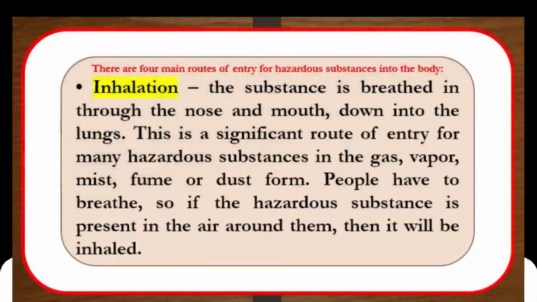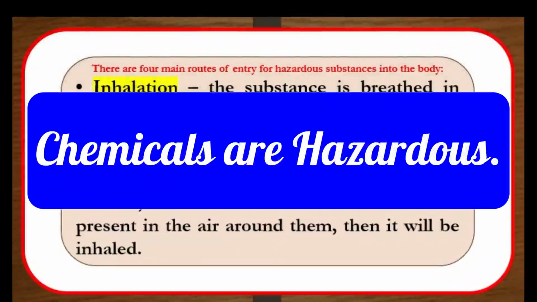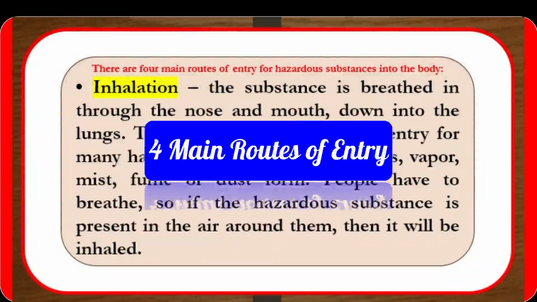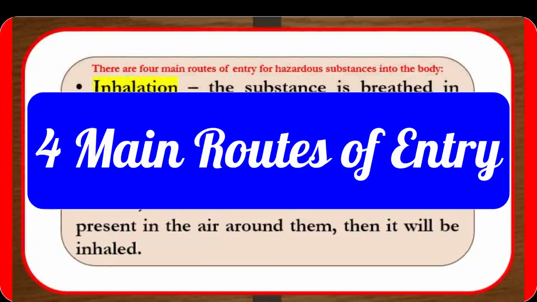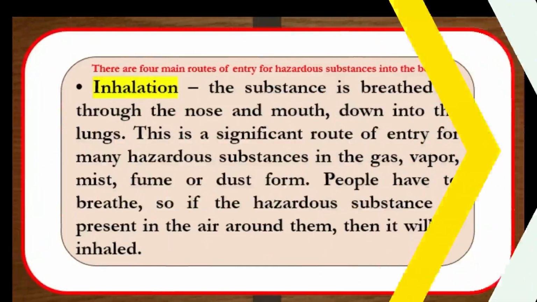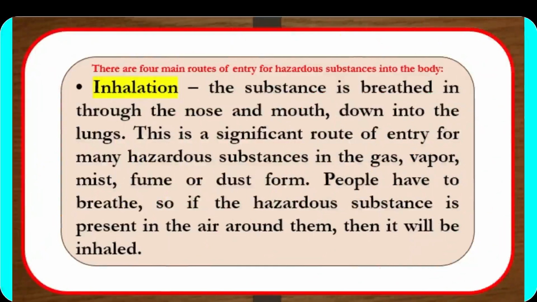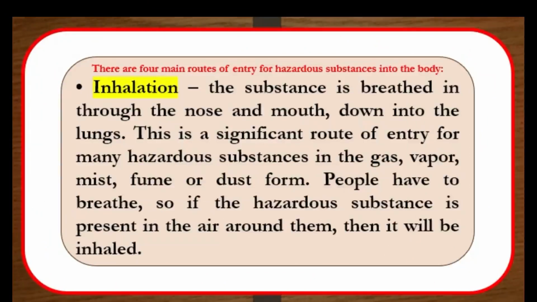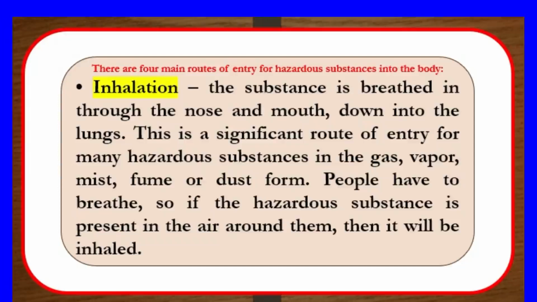As you know, chemicals are hazardous and there are four main routes of entry for hazardous substances into the body. The number one and the most common route is inhalation. The substance is breathed in through the nose and mouth down into the lungs.